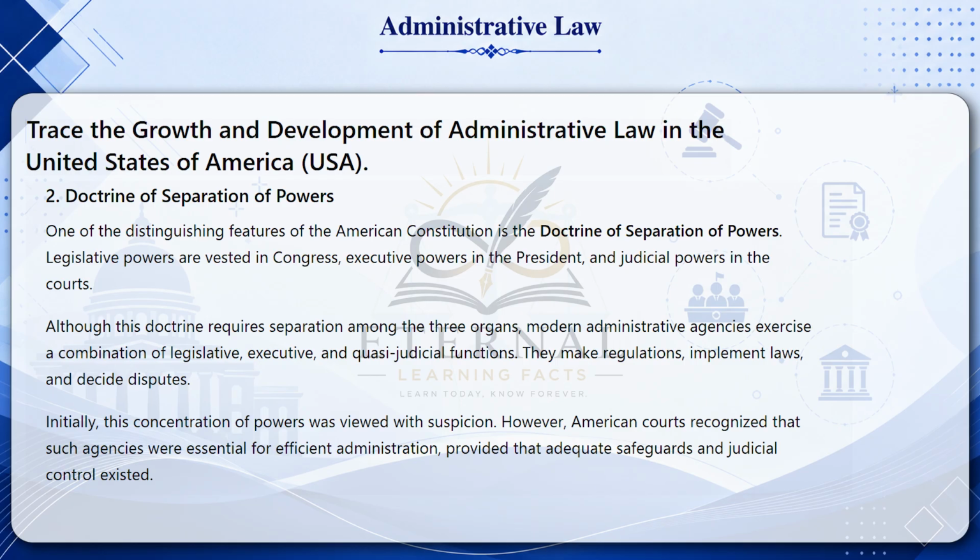They make regulations, implement laws, and decide disputes. Initially, this concentration of powers was viewed with suspicion. However, American courts recognized that such agencies were essential for efficient administration provided that adequate safeguards and judicial control existed.